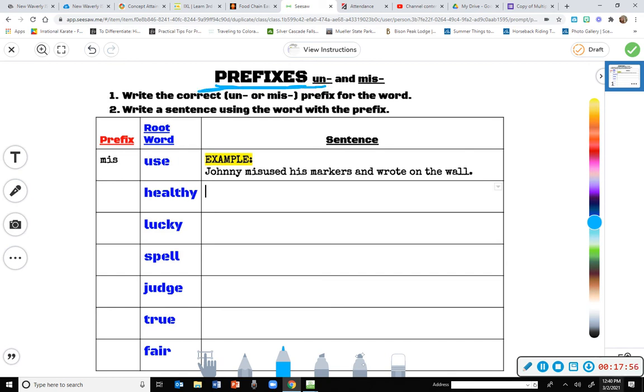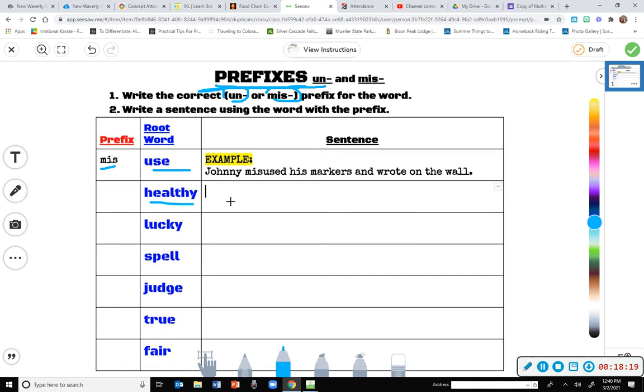In the front or the back of the word? In the front. So you're going to put the prefix that you think goes with the word, and we're only using un or mis. So the first example was misuse. We don't want to say unused. That's not a word.